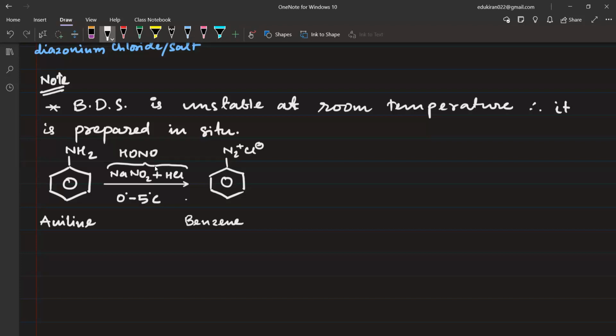So in situ means in the reaction mixture. In situ preparation means preparation in the reaction mixture wherever it is required.